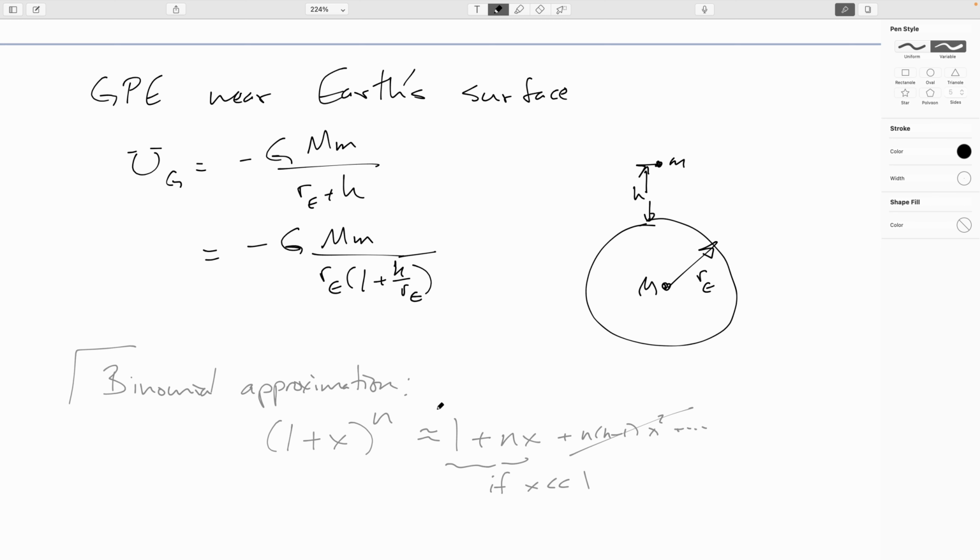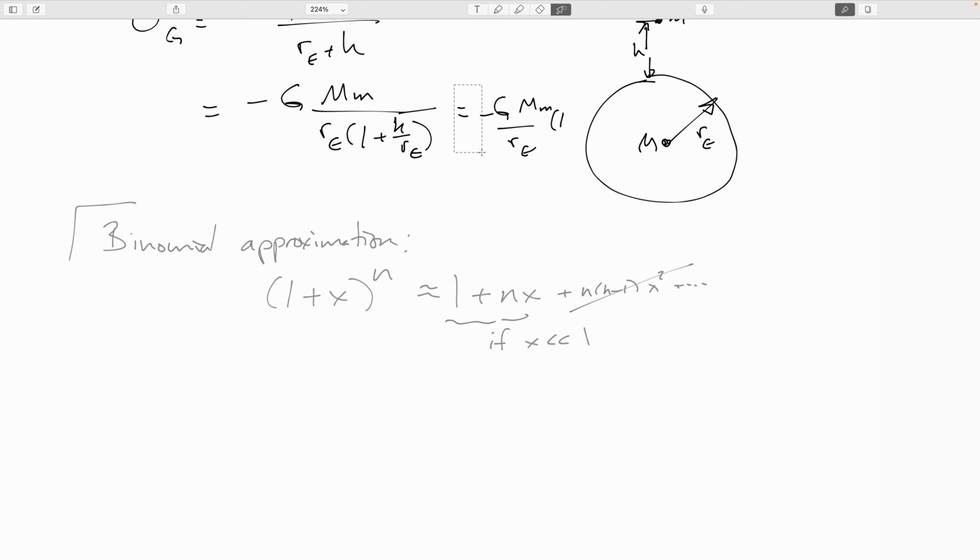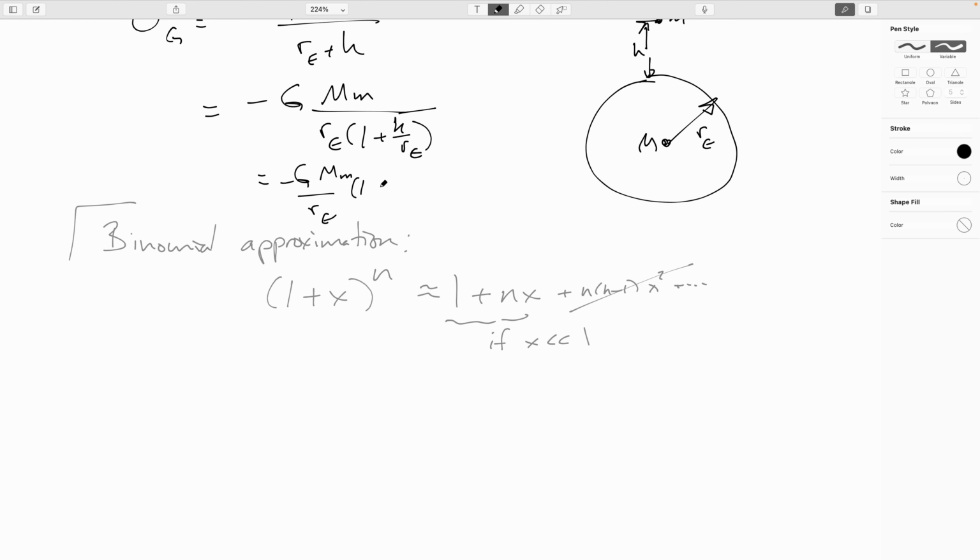So we can go ahead and use the binomial approximation here by saying this is the same thing as minus G M m over Re times 1 plus h over Re to the minus 1. We look at that and we say that minus 1 here, this is our n.